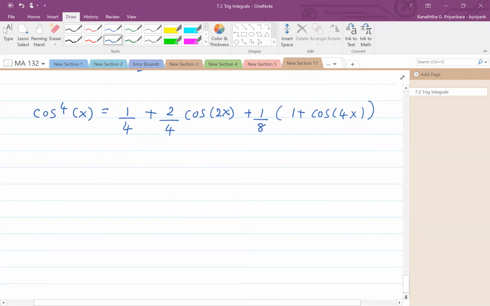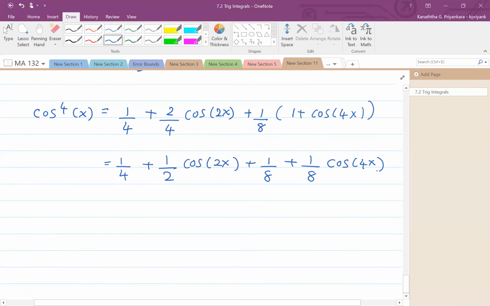Now again I can multiply by 1/8 and get the simplified expression. So we can write this as 1/4 plus 1/2 cosine 2x plus 1/8 plus 1/8 cosine 4x.